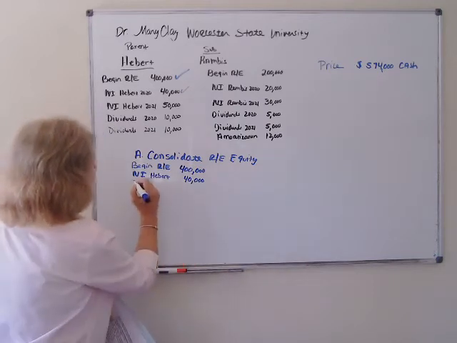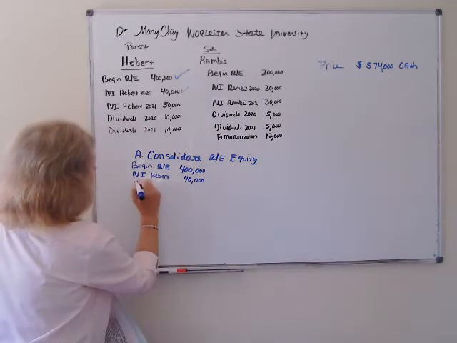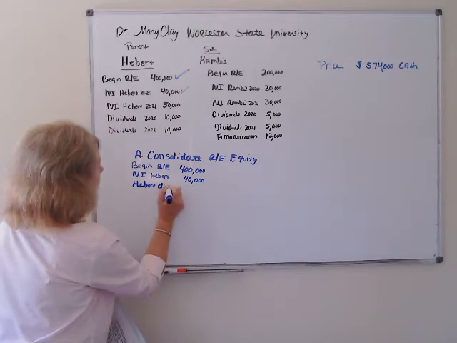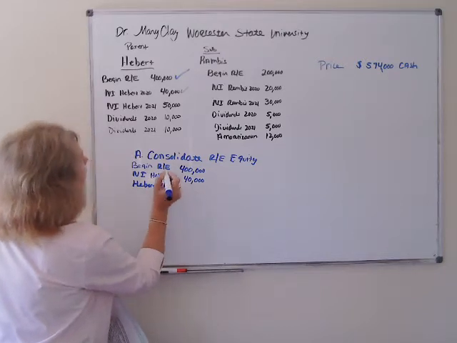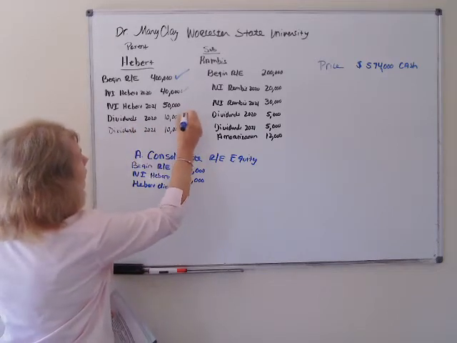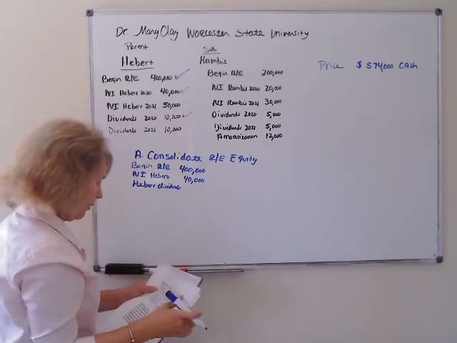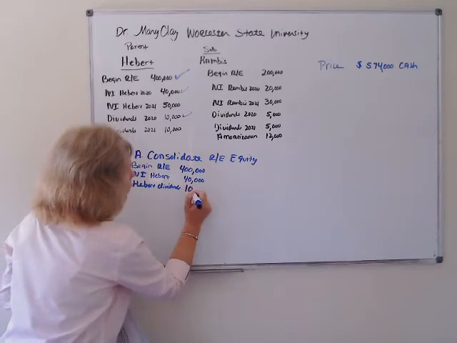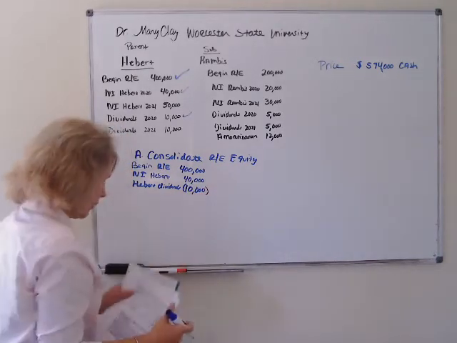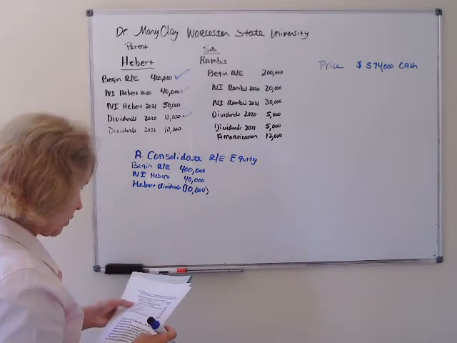Next, I will include Hebert's dividends for 2020. I'm going to show that separate. 10,000. Don't forget, show that in parentheses. Remember, dividends subtract from retained earnings.